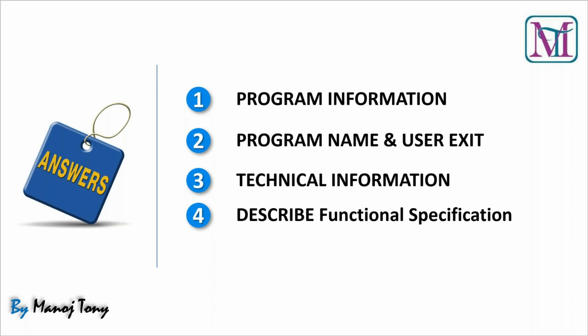The logic will be: if VBRK-FKDAT, which is billing date, is less than system date, and system date is always today's date, then the system should give a message that billing date cannot be past date. So VBRK-FKDAT less than SY-DATUM, then the system should give an error message. So this is for past date.